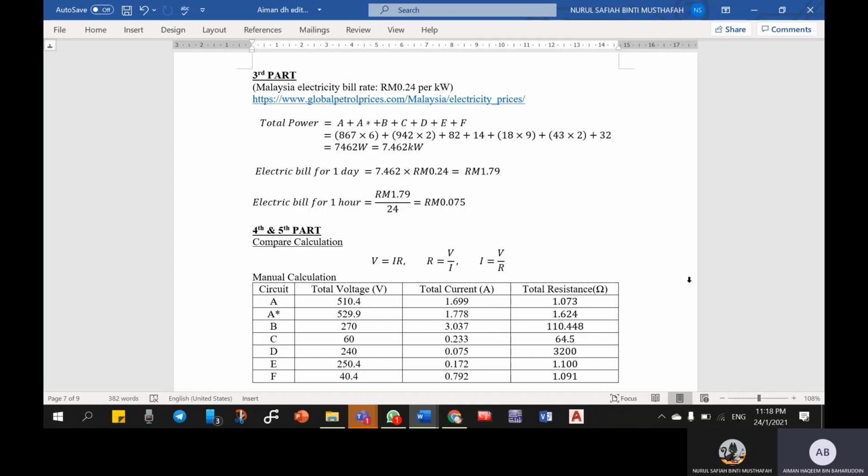But the third part requested only 1 hour. Therefore, because 1 day consists of 24 hours, the RM 1 ringgit and 79 cents divided by 24 will get RM 0.075. Okay, as for the fourth, fifth, and sixth part, Safia will be explaining it.